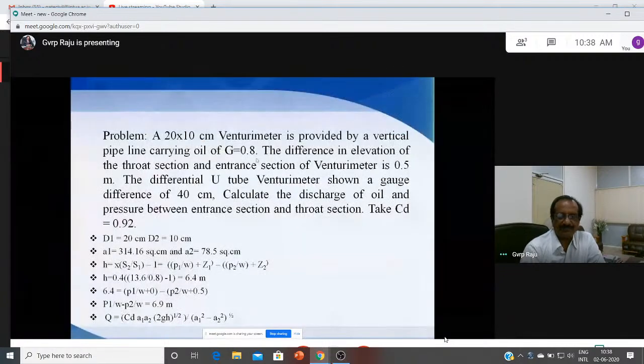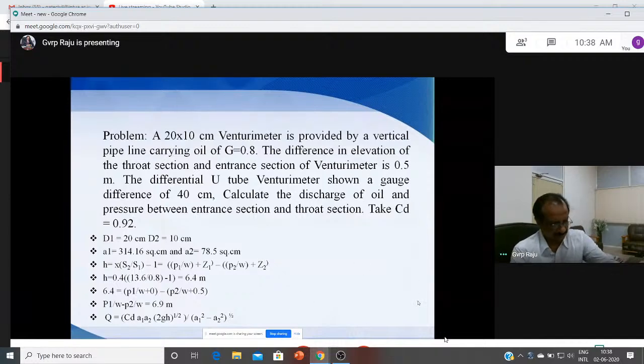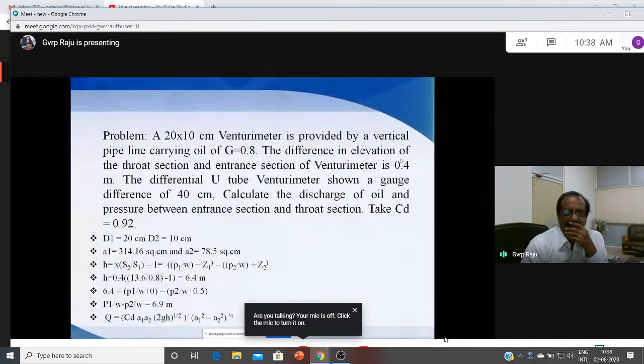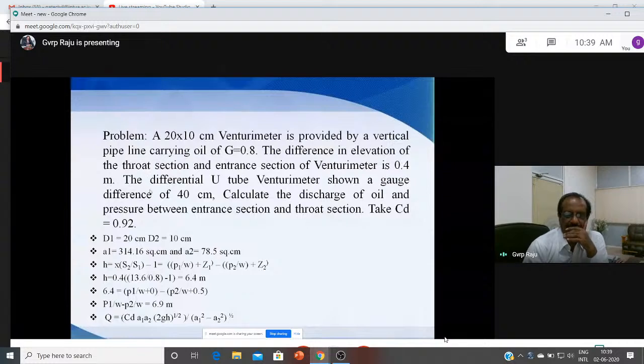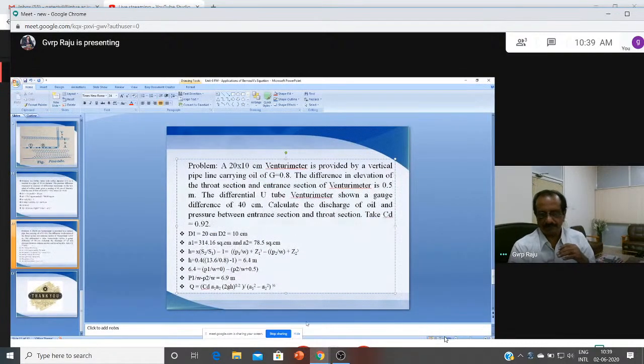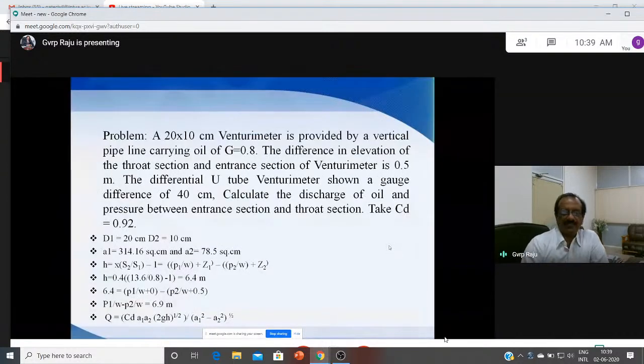The difference in elevation of the throat section and the entrance section of the Venturi meter is 0.5 meters, and the differential U-tube Venturi meter shows a gauge reading of 40 centimeters here.